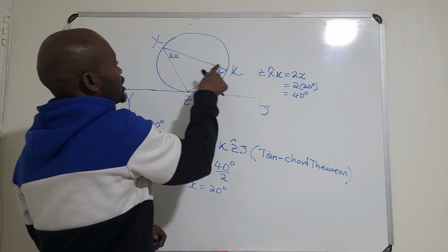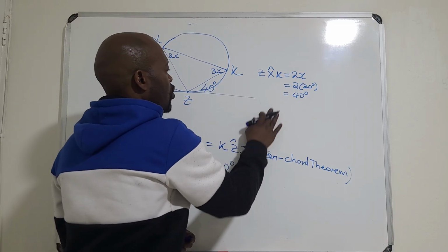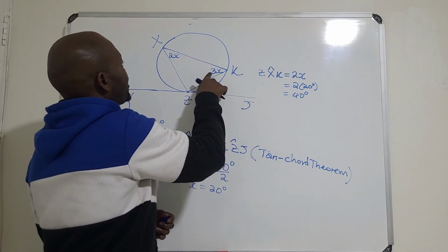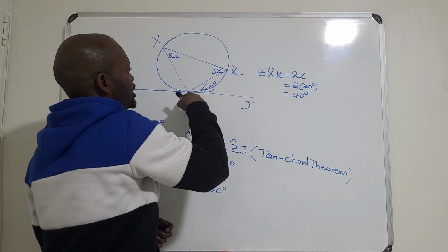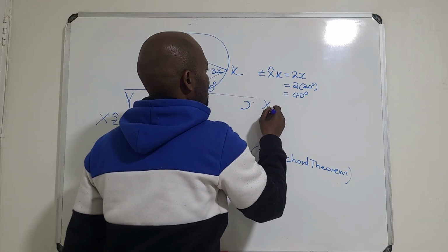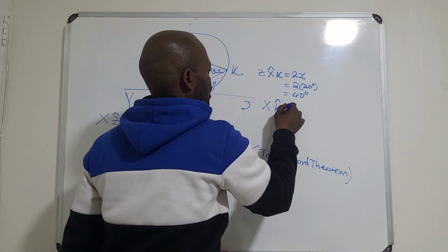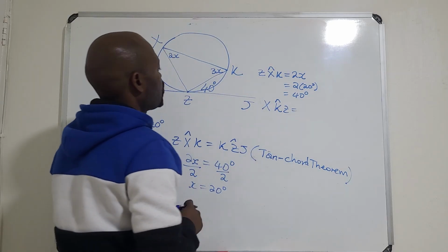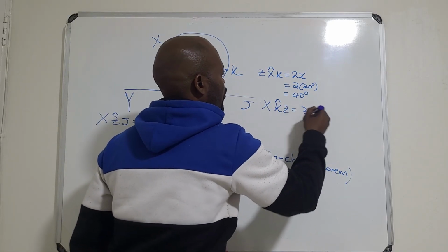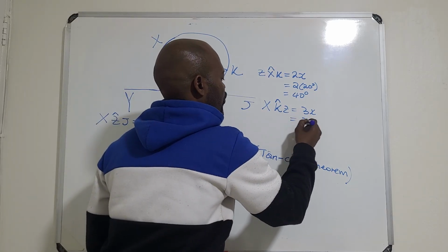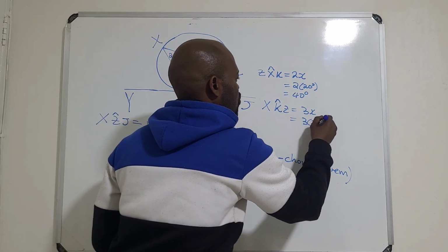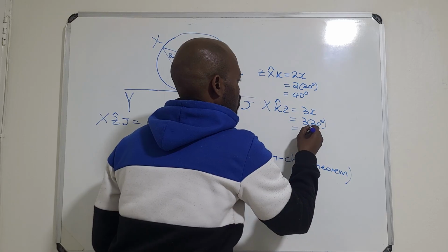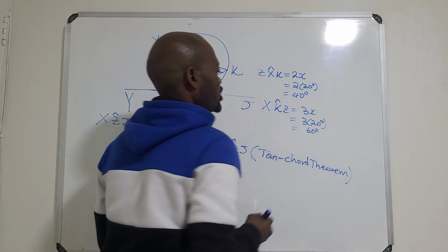Now, we can also find angle XKZ, which is equal to 3x, which is 3 times 20, which is 60 degrees.